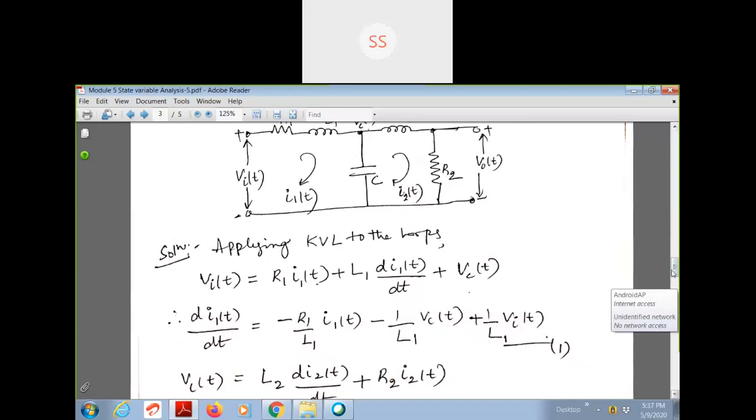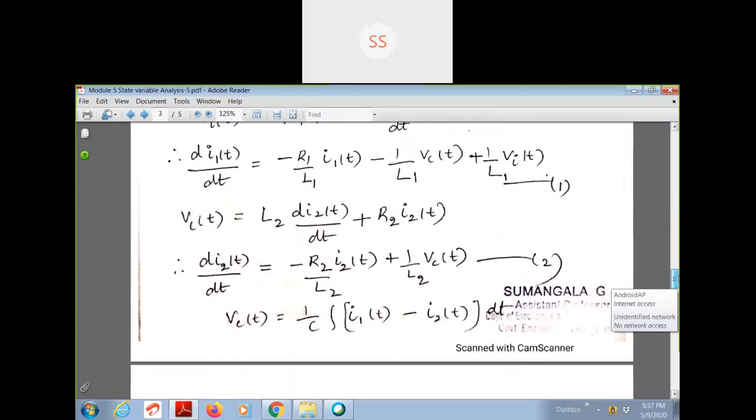Now in this equation we need only d by dt of I2 of t, because I2 of t is our second state variable. So I'll take only d by dt of I2 of t on the LHS and transfer all terms to the other side. By doing so, we get one more state equation, call it equation 2.